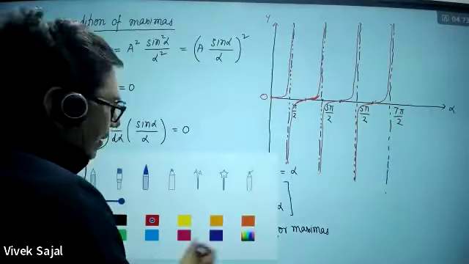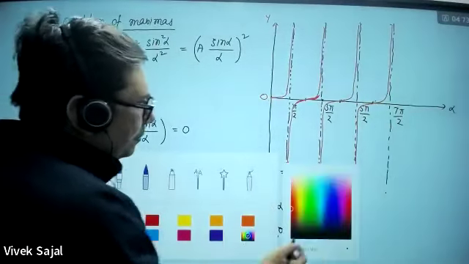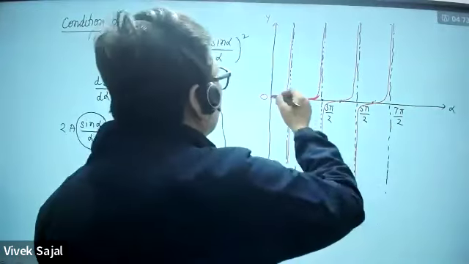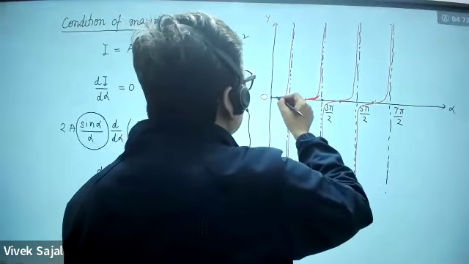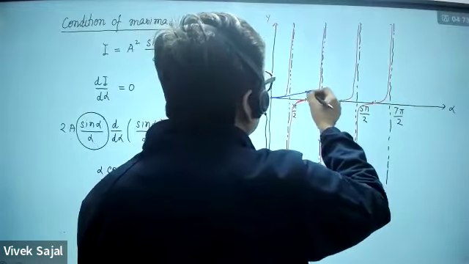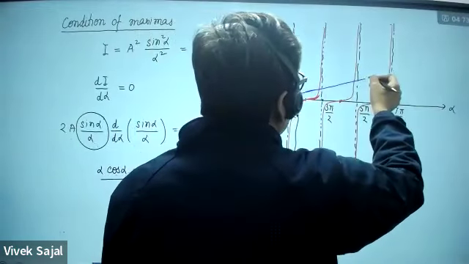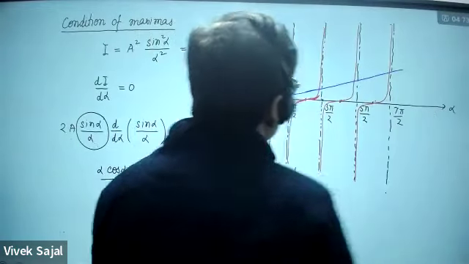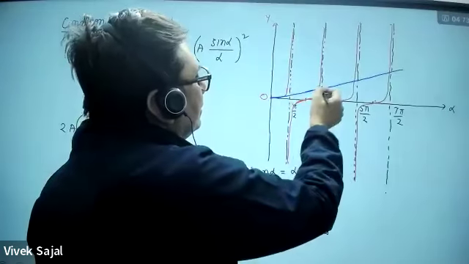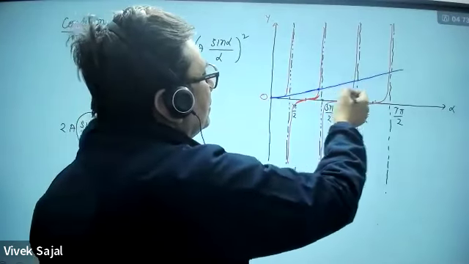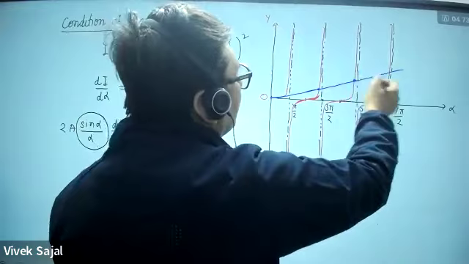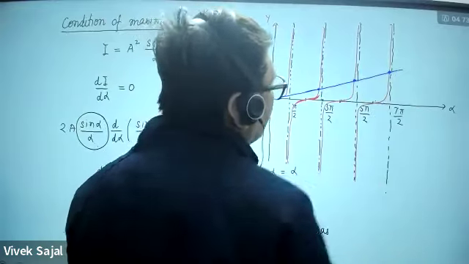Now the second equation is y equal to alpha. If you plot it, it will be something like this. Where this line intersects, one point is this, the second point is this, the third point is this.